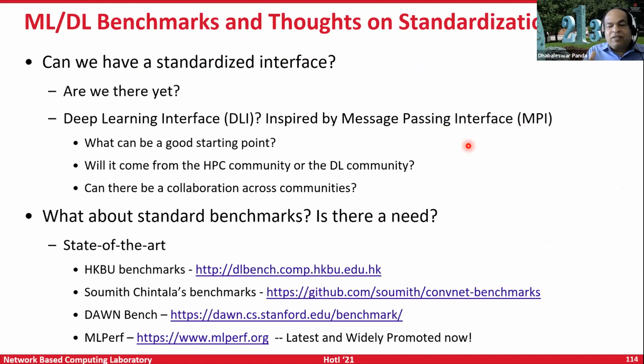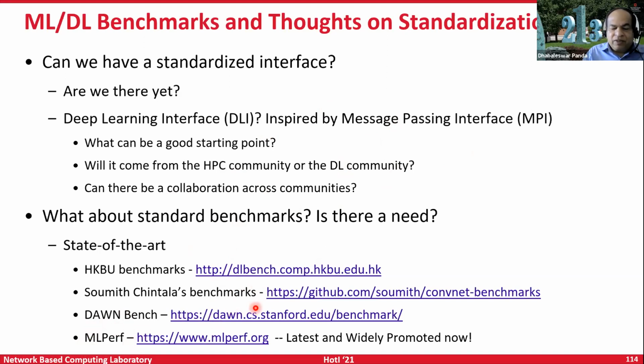Every company had their own communication library. That led to competition, but it also led to the problem that you cannot port your application from one system to another. So I think the field is also entering this phase. People are trying to see how we can standardize these, how we can standardize benchmarks. There is a lot of work happening. The one thing which is getting a lot of momentum is the ML part.